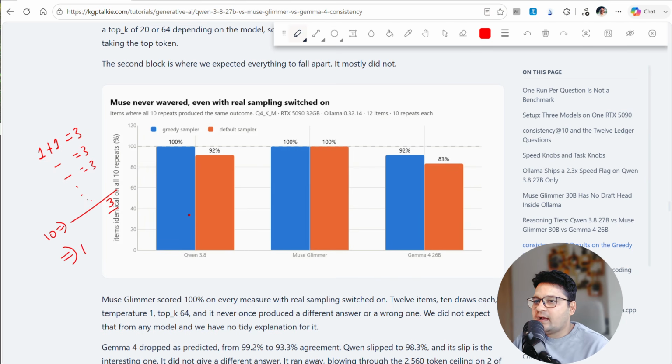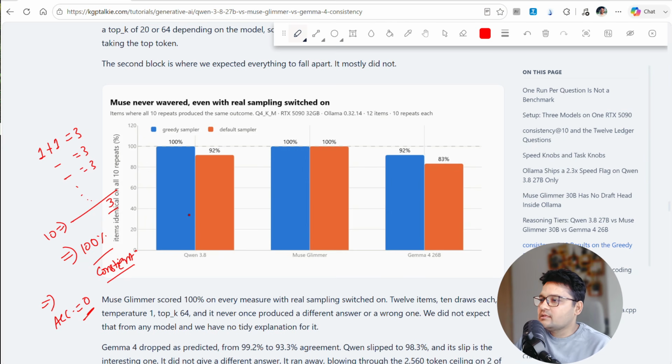So you will say that this model is 100% consistent. But what is going to be the accuracy here? The accuracy is actually 0. So when I say a model is 100% consistent, that doesn't mean the model is accurate. That is something we are going to see here.